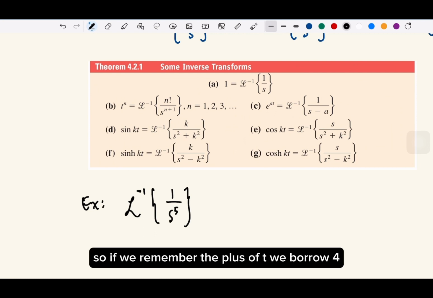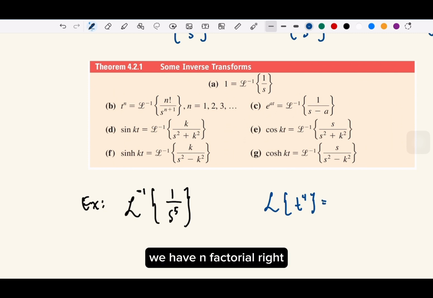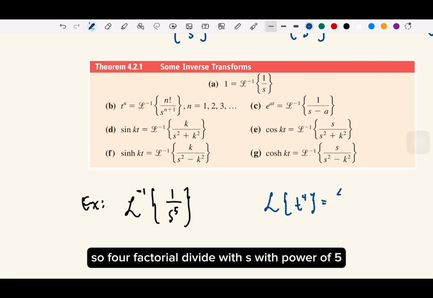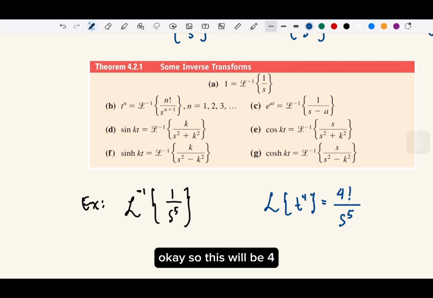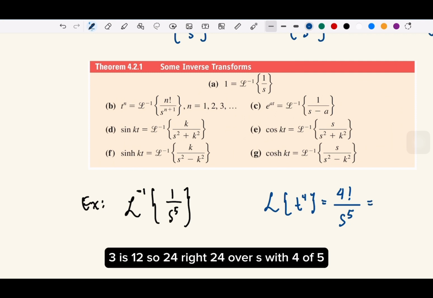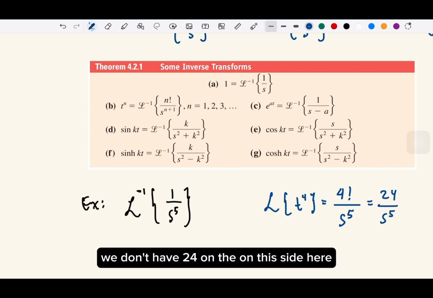So if we remember, the Laplace of t to the power of 4 gives n factorial, so 4 factorial divided by s to the power of 5. So this will be 4 times 3 is 12, times 2, so 24 over s to the power of 5. We don't have 24 on this side, so we need to multiply to make it equal.